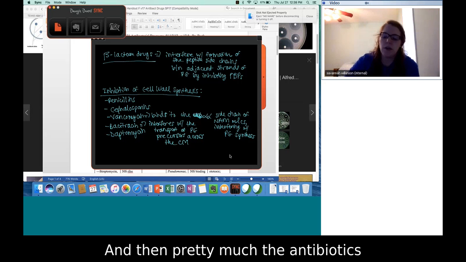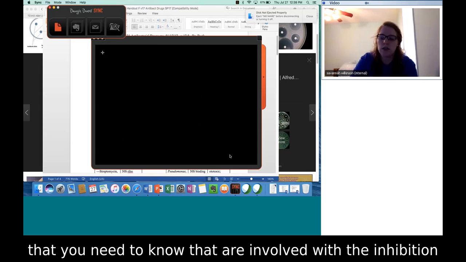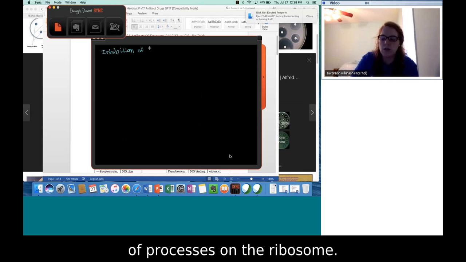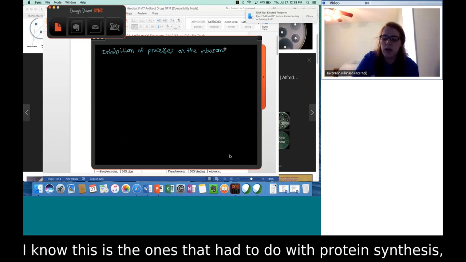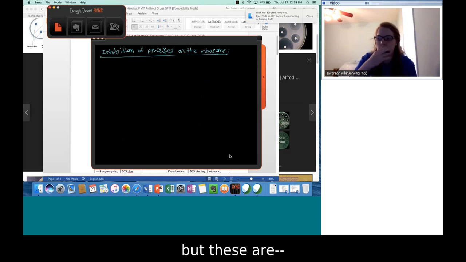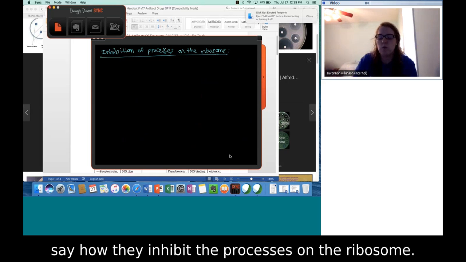And then the antibiotics that you need to know that are involved with the inhibition of processes on the ribosome. I know I listed the ones that had to do with protein synthesis, but I'll write them out and then say how they inhibit the processes on the ribosome.